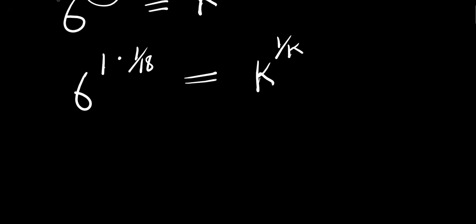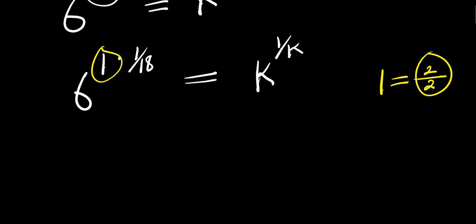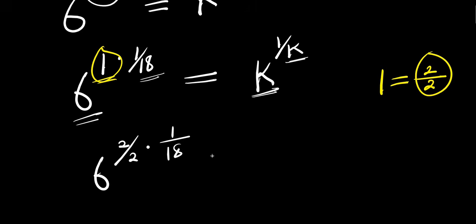Instead of writing 1 here, I can bring the equivalent of 1, which is 2 over 2, and set it here, because I want this 6 to be the same as this, so that we can compare. So we have 6 to the power of 2 over 2 times 1 over 18, and this equals k power 1 over k.